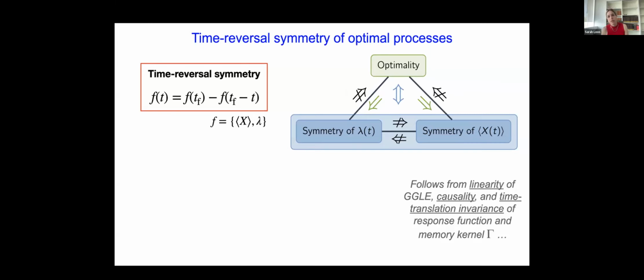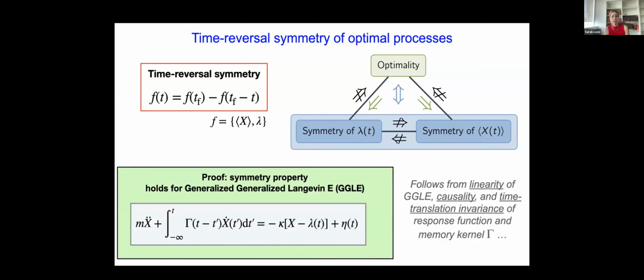So if we're thinking about the symmetry of the protocol, the symmetry of the mean particle trajectory, and the question of optimality, there are a lot of possible implications and non-implications. And as I'm showing here in this diagram, this is what we could prove.